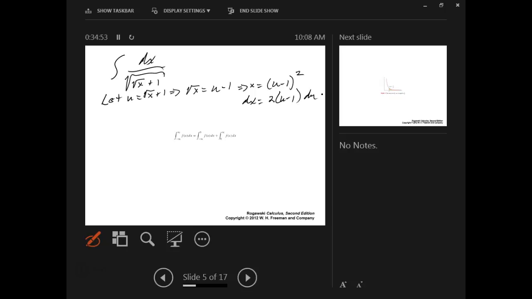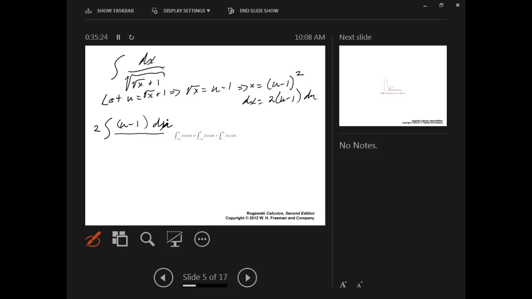Okay. Now, that's going to be our dx now. Okay? And let's see what we've got now. We've got the integral of, I'm going to take the 2 on the outside, u minus 1 du, right? Okay, that's what dx is.